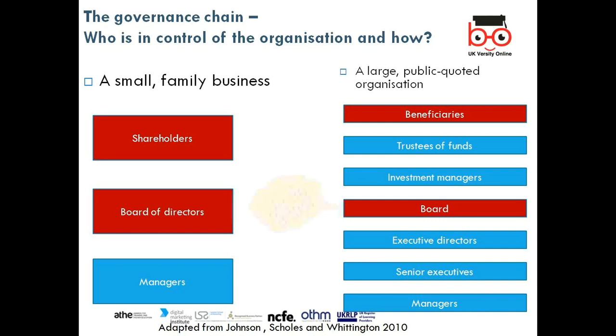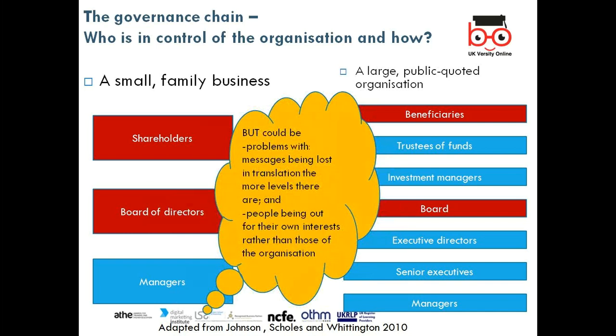In a small family business, we look at the stakeholders, board of directors, and governance. But there could be a problem with the message being lost the more levels there are, and with people being out for their own interests rather than those of the organization.